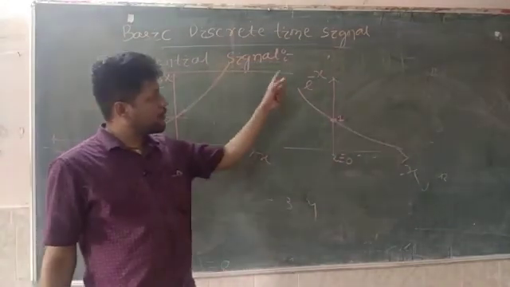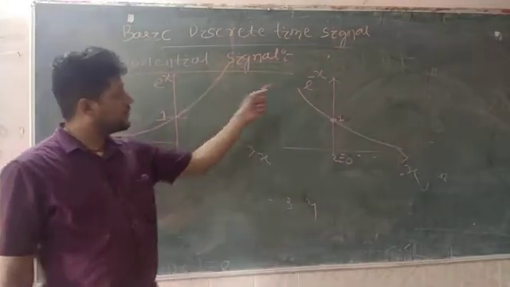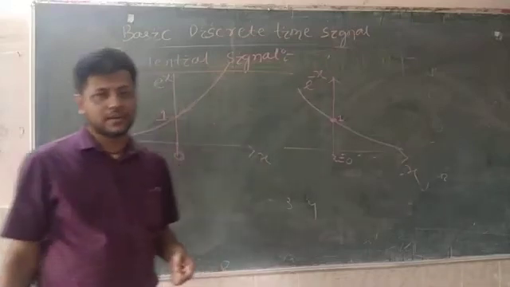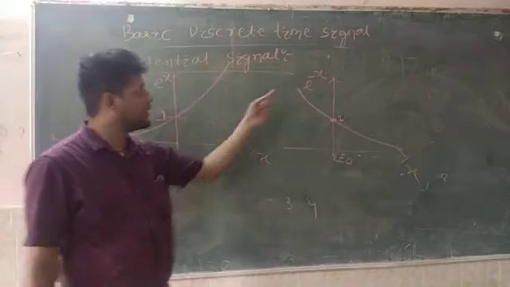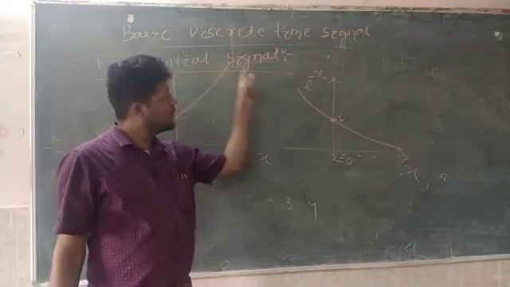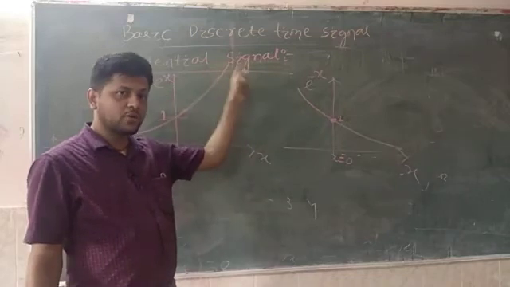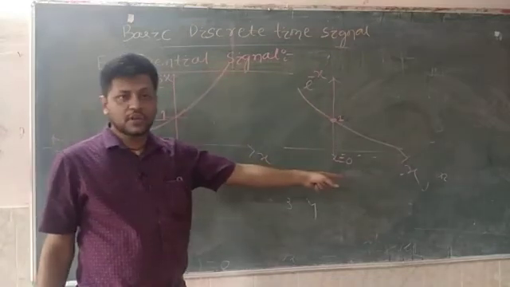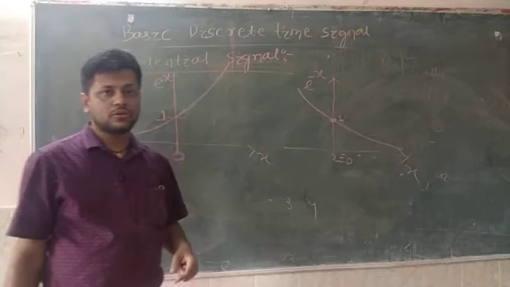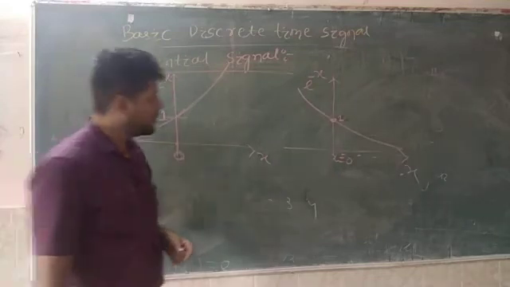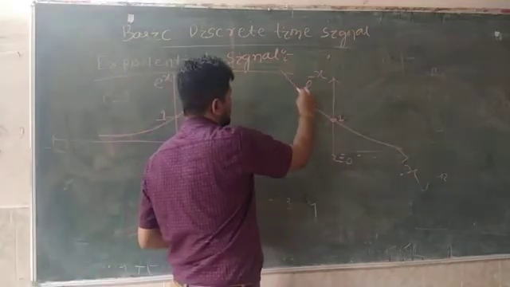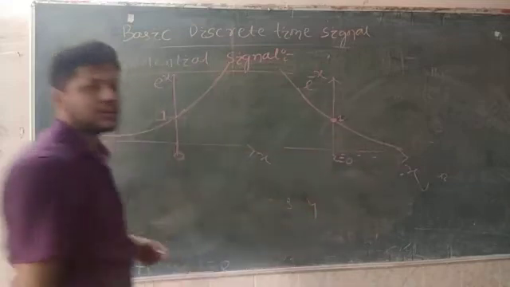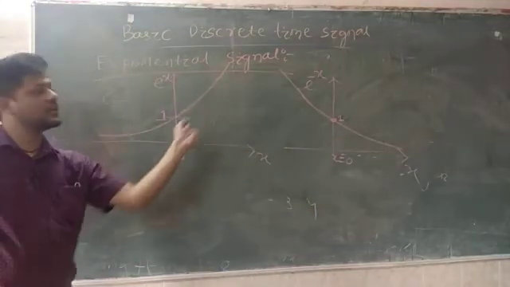So e to the power minus x: if I put x equal to minus infinity, this minus becomes plus. So at minus infinity the amplitude will be infinity, but at plus infinity this value equals 0. That's why this is exponentially decreasing, and this is exponentially increasing.